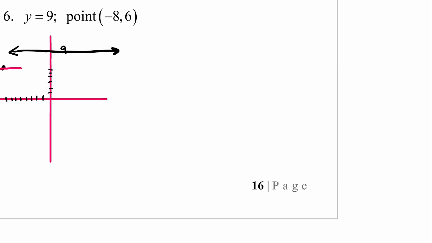And we would have to draw another parallel line, and we would have to draw a horizontal line to make it parallel to the given horizontal line. So now this line that's in red that goes through our given point, -8, 6, what equation does that have? Well, the y-coordinate of every single point that's on that line going through our point is 6. So y equals 6 is the equation of the parallel line, parallel to y equals 9.